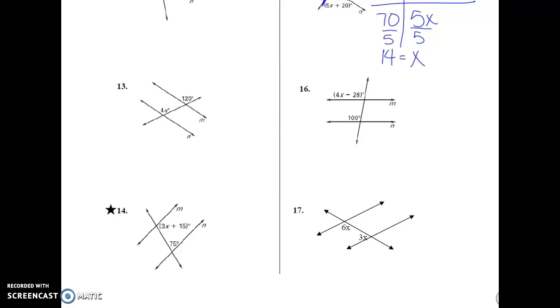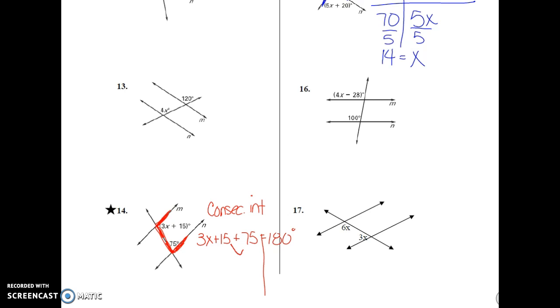The last question that we have on this page is question number 14. And again, keep tracing those angles and looking for the special angle name that we have. And if I trace that all the way, I see the C. So I know that those two angles are not going to be equal, but supplementary, because they are consecutive interior angles. So I have 3x plus 15 plus 75 equal to 180 degrees.